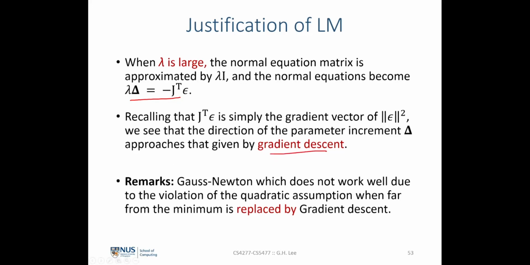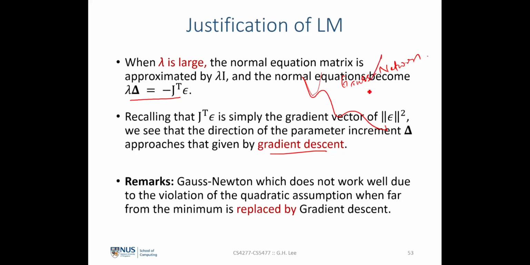So what this means is that when there is an increase in error, we want to make the normal equation close to the gradient descent algorithm, which is a sensible thing to do. As mentioned earlier on, when the estimate is very far away from the local minima, the Gauss-Newton technique is not going to work well, because when it's very far away, the chance is that it's likely not going to be quadratic at all.